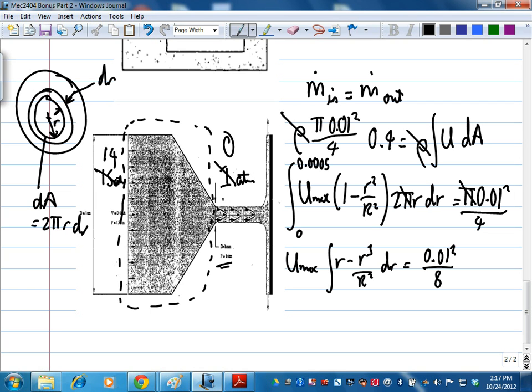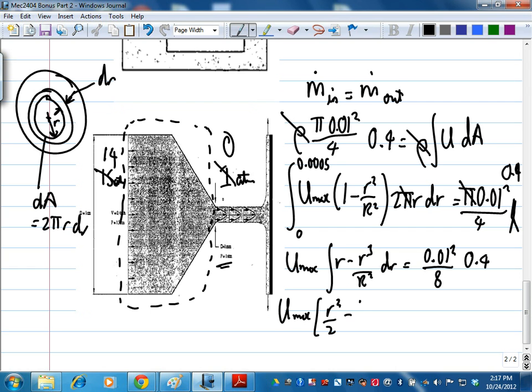Oh, sorry, 0.4. Okay? And then Umax. Oh yeah, there should be a 3 here. r squared over 2. Hey, no 3 here. Haven't integrated yet.